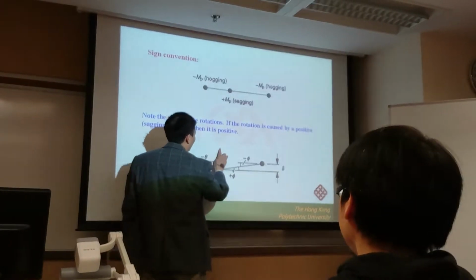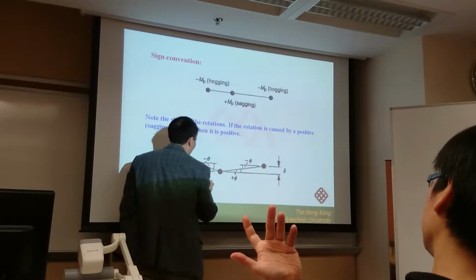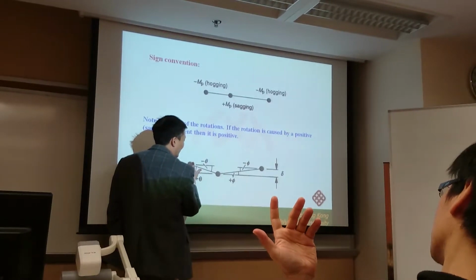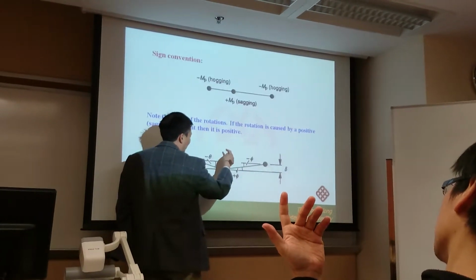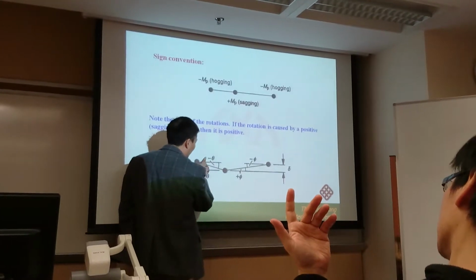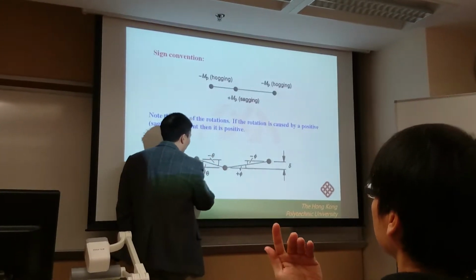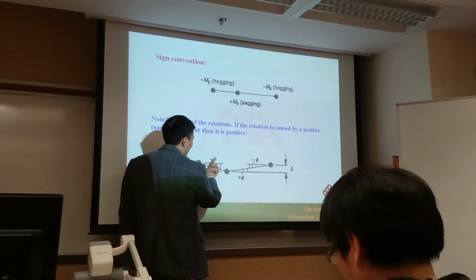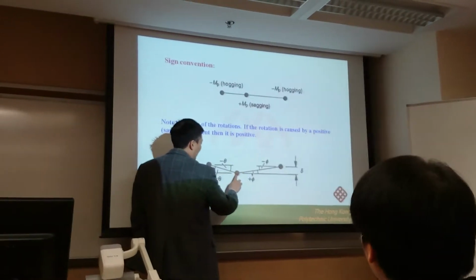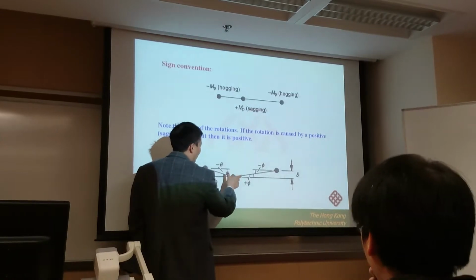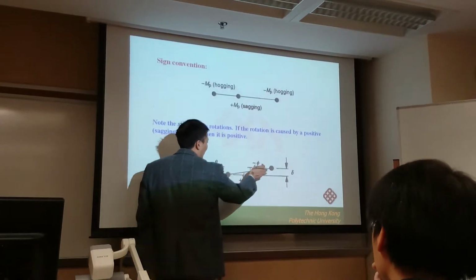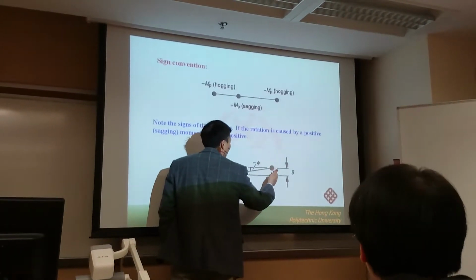If you introduce a virtual displacement like this, the rotation here is negative, right? And the rotation here is positive. So the rotation angle here is a positive theta, the rotation corresponding to this point is negative 2 theta, and here is a positive 1 theta.